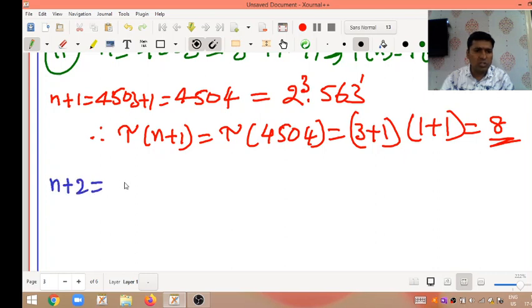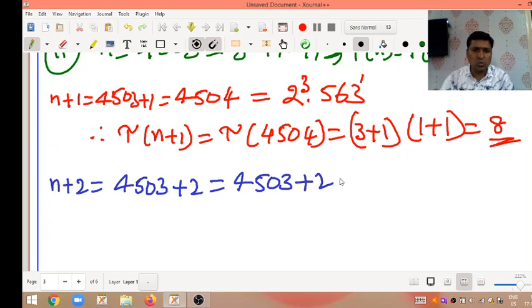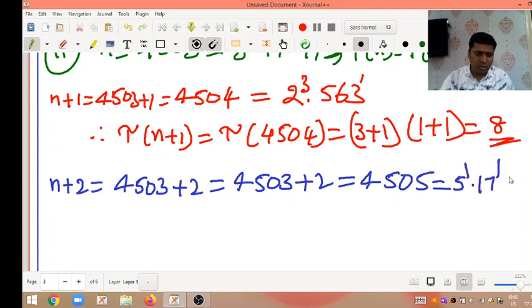Next, what do you want to check? n plus 2 we want to check. So 4503 plus 2 is equal to 4505, my dear students. Again, convert this 4505 into a prime factorization as 5 power 1 into 17 power 1 into 53 power 1.